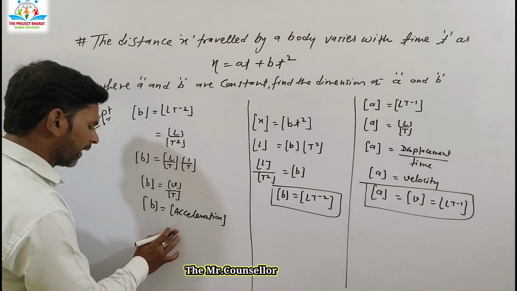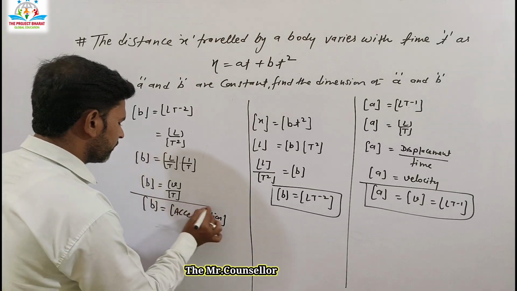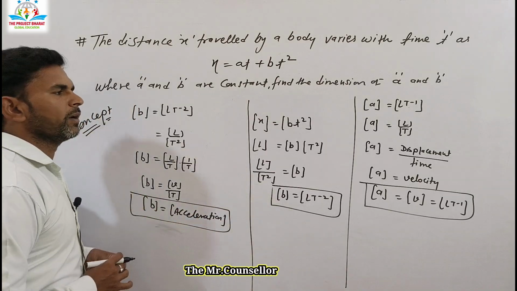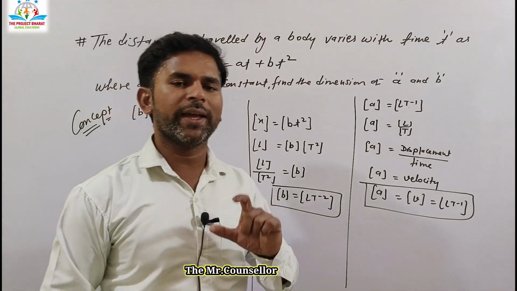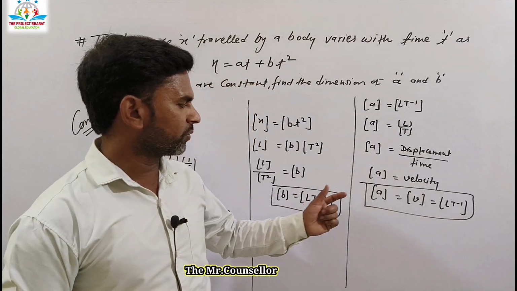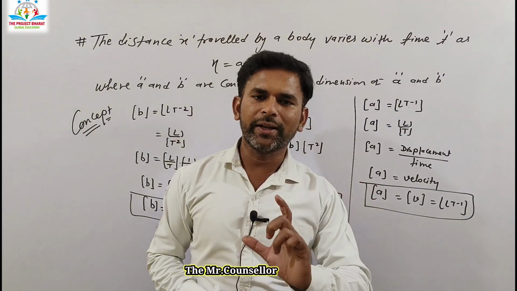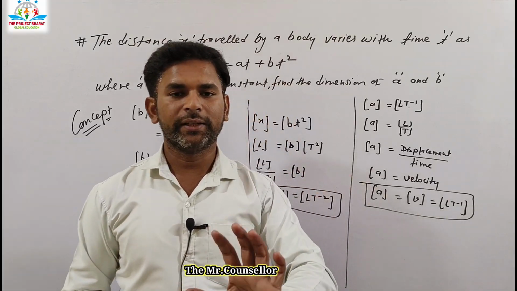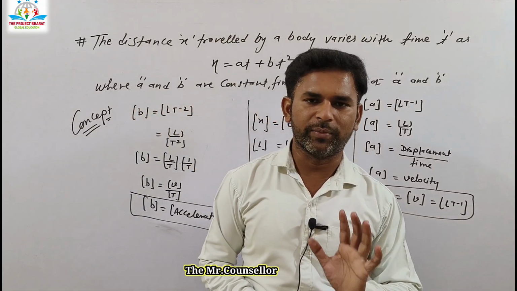So finally I can note down that this constant B indicates the acceleration and this constant A indicates the velocity. Very important concept.